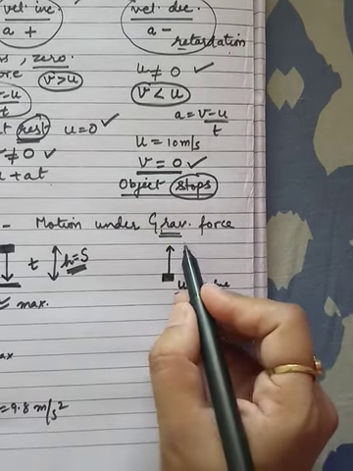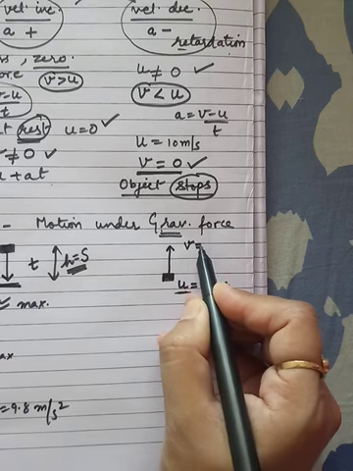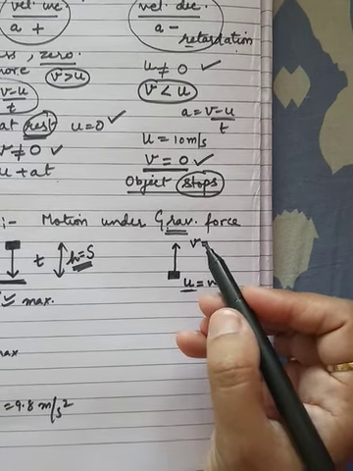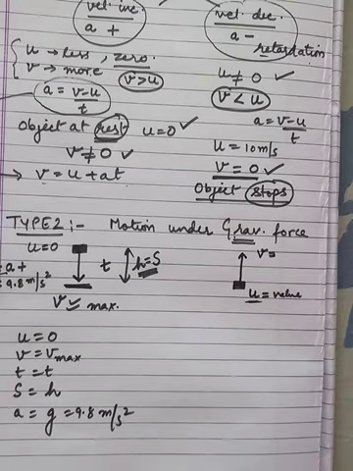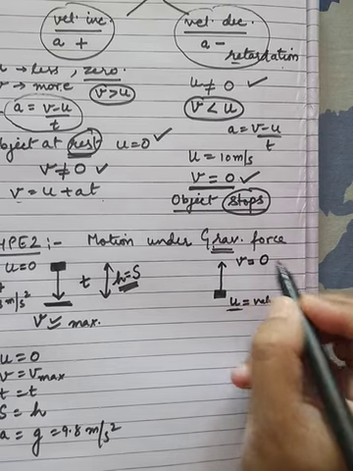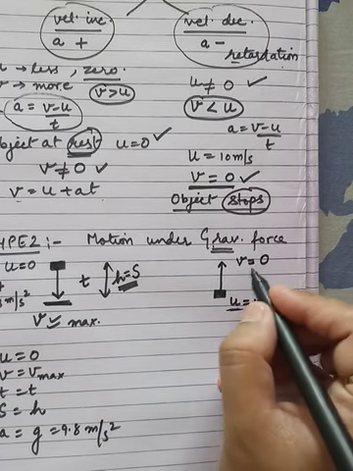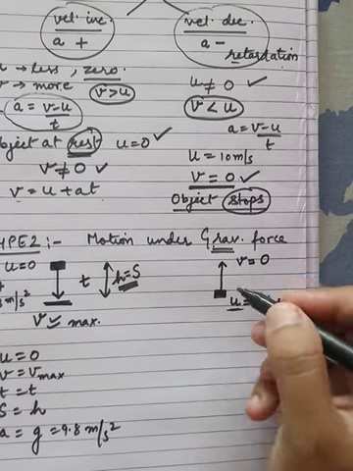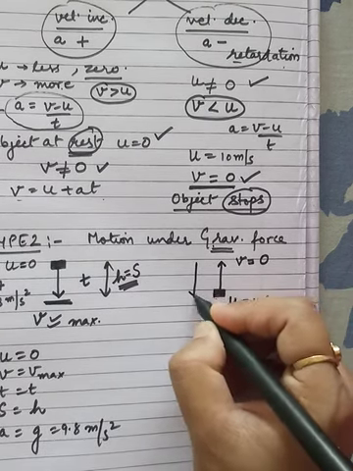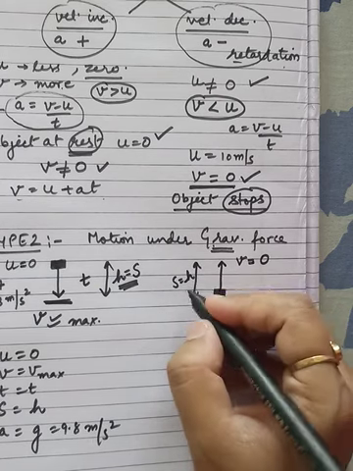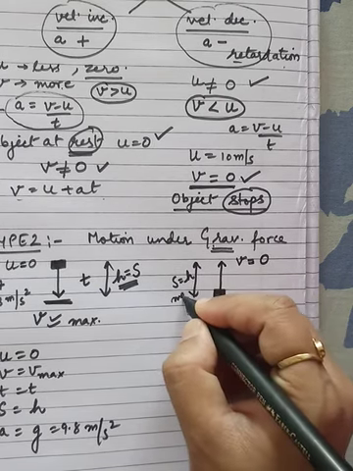So the final velocity, when it is reaching a height, is 0. At velocity 0, the height reached will be the maximum height in this case. What is the distance covered? H is equal to s, and that will be the maximum distance.